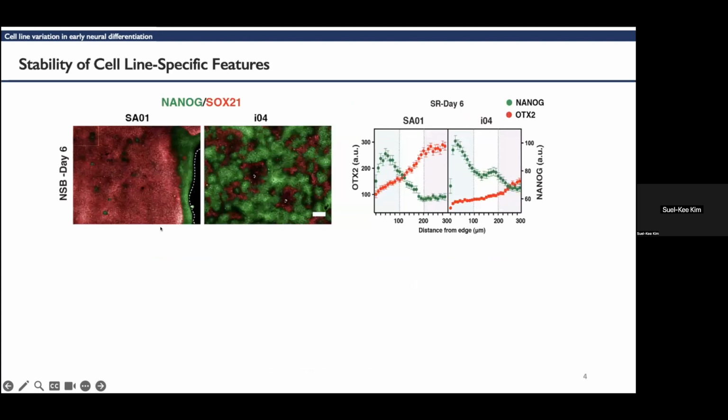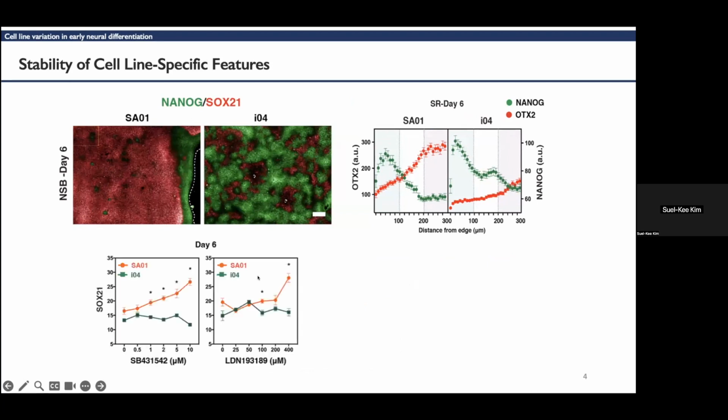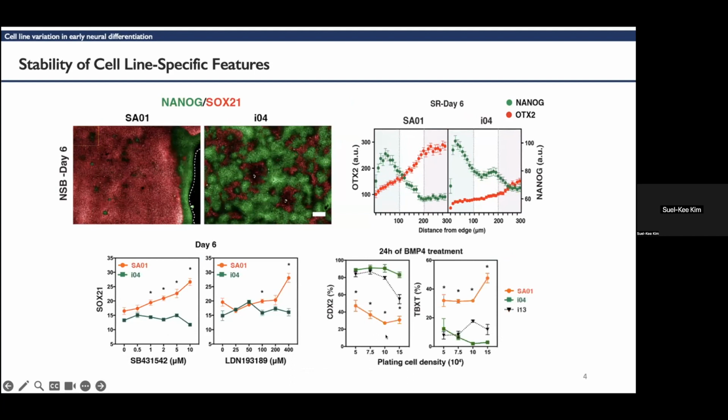And these images at lower magnification make it easy to see the different efficiency in generating neuroectoderm between the two extreme lines, SA01 and IO4. This difference was maintained across a certain range of concentrations of neuroectodermal inducers and different plating densities.